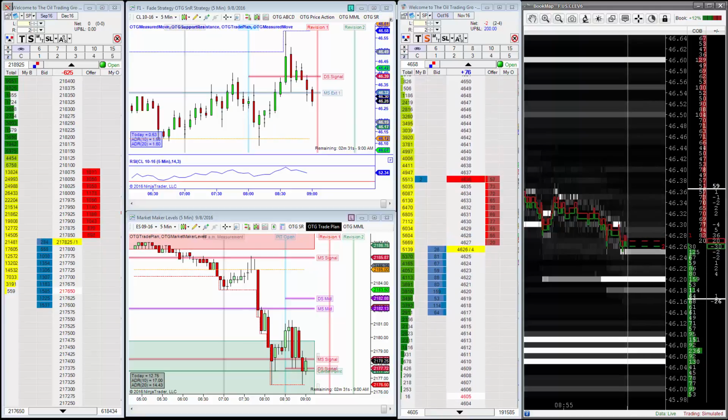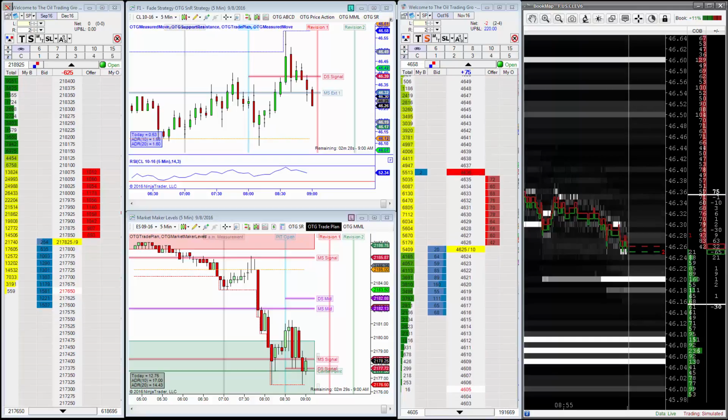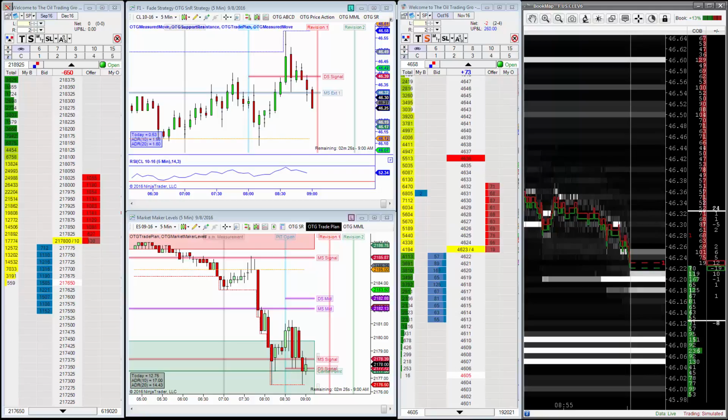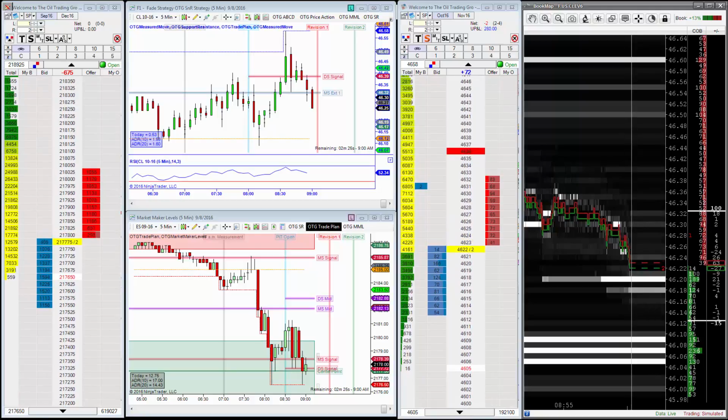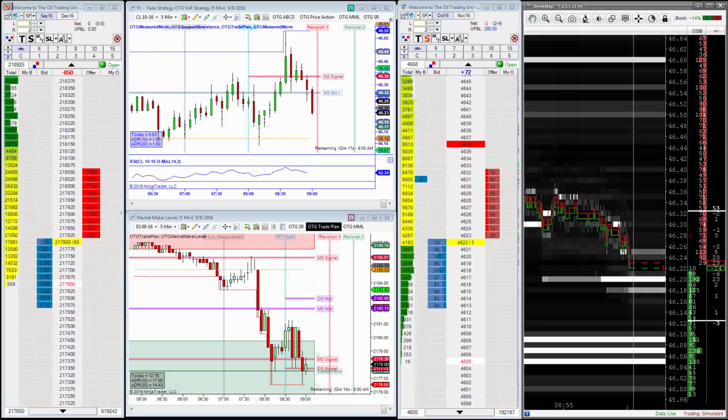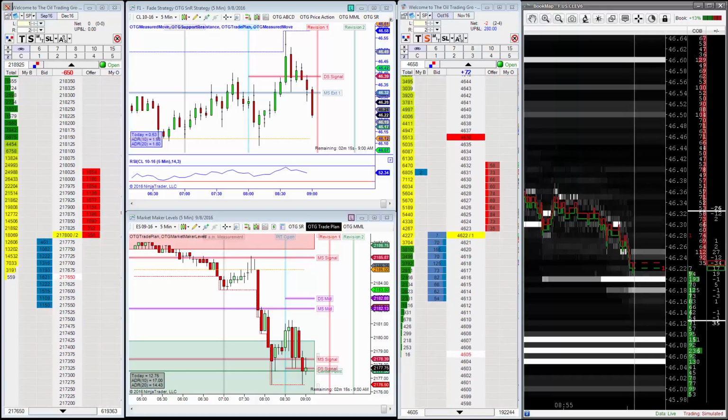Let's see here. You've got 150 long at 20. There's 25, 24. Bring the trail stop here down to 31. There's 23, 22. Still looking down there, maybe. All right, so you've got volume down here at 20.